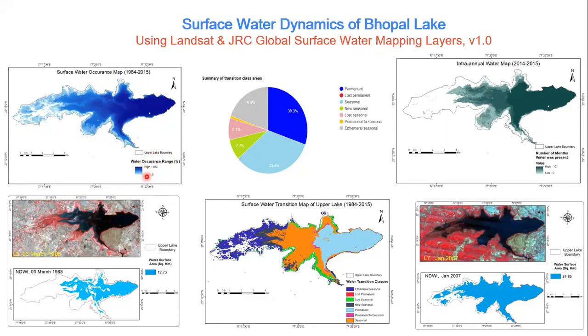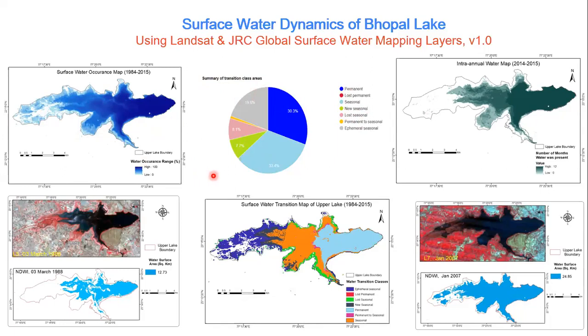You can see that the water occurrence range is 100% over this region and 0% in this region. That means the availability of water throughout these 30 years is 100% over this region and 0% over this region. And I can create a summary of transition class area, like in this whole water body, 30% of the water body is permanent, and 33% of this water body is seasonal.